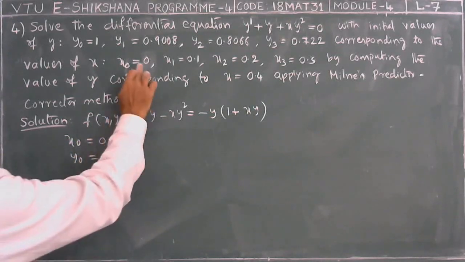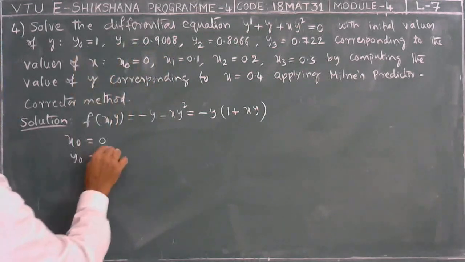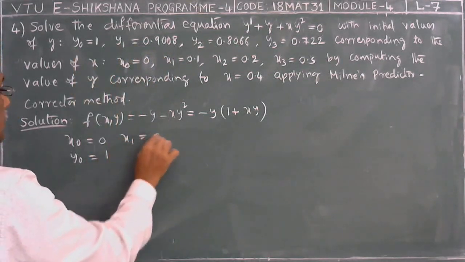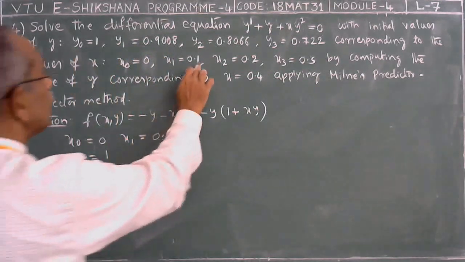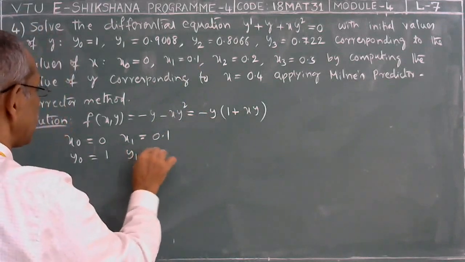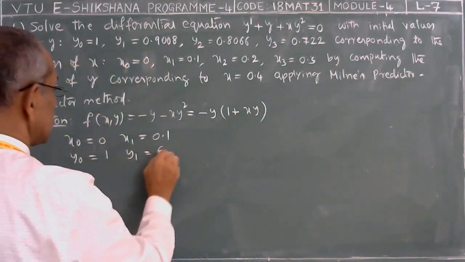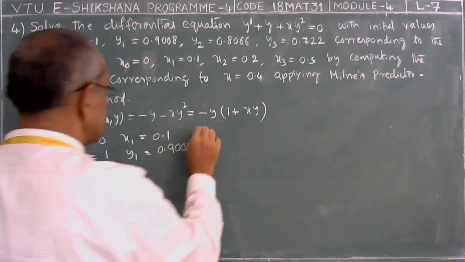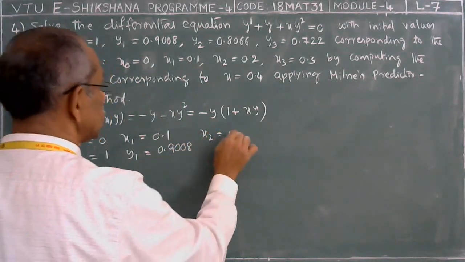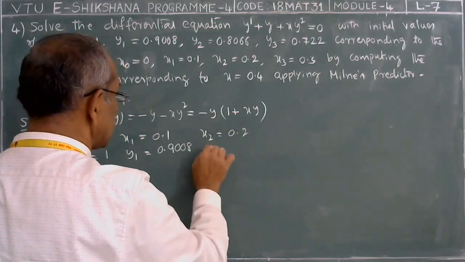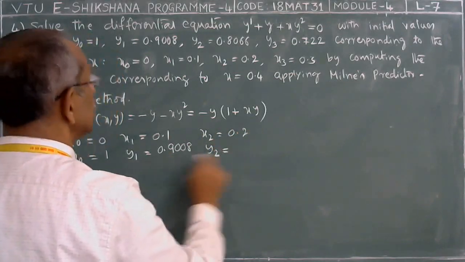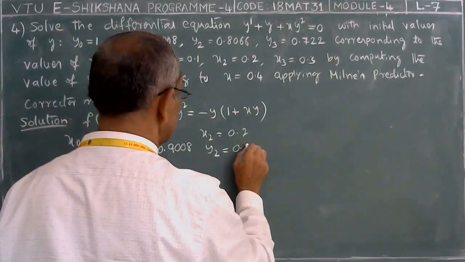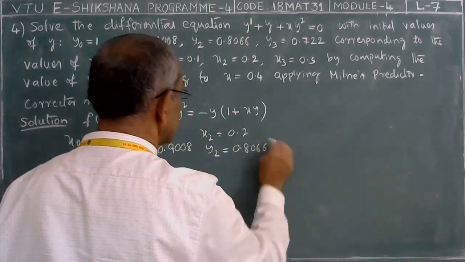Corresponding value of y naught is 1. Then x1 is 0.1. Then corresponding value of y1 is 0.9008. Then x2 is 0.2. Corresponding value of y2 is 0.8066.